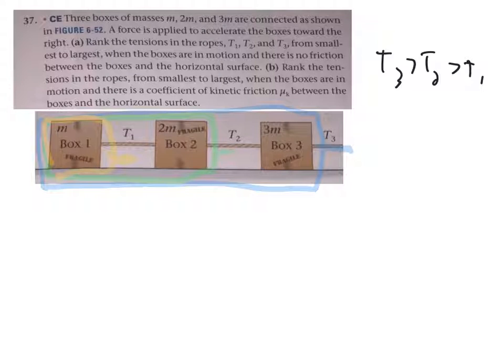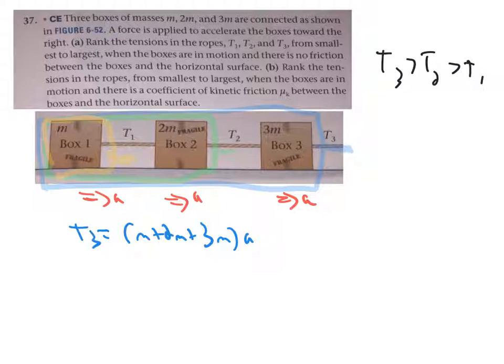So in essence, if they each have an acceleration of a, and because they're connected by ideal strings, they have to have the same acceleration, then it will turn out that T3 is the sum of their masses times a, but T2 is only its included masses times a, and T1 is just the leftmost mass times a.